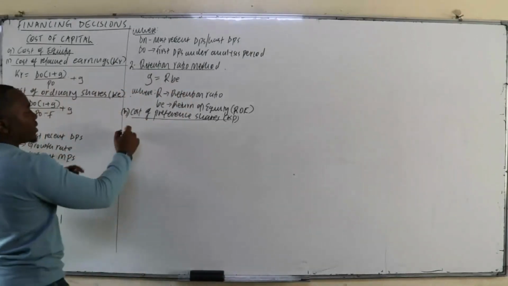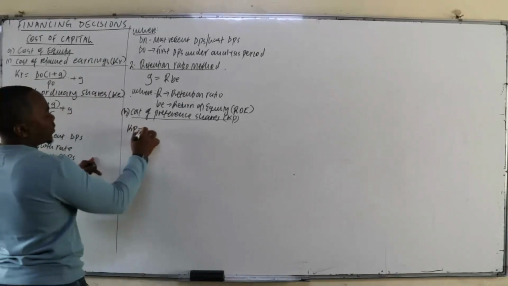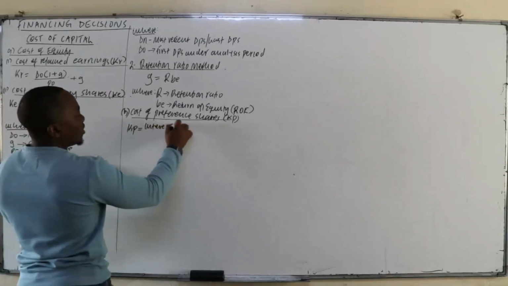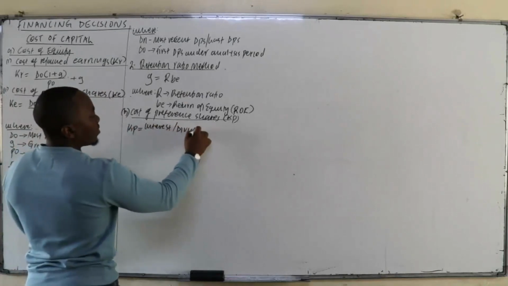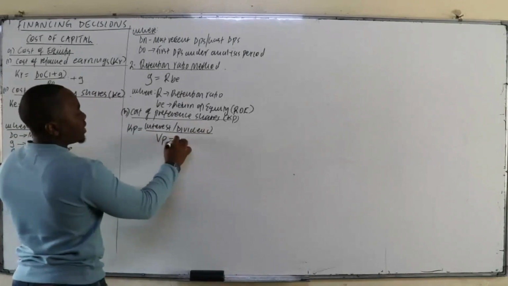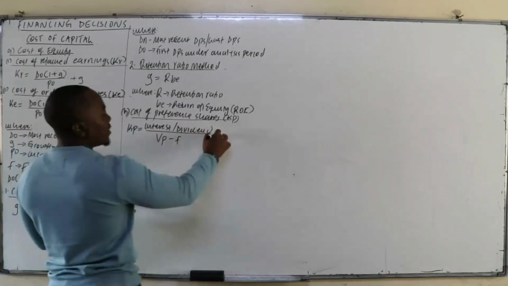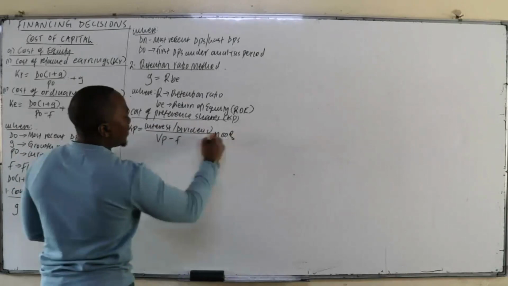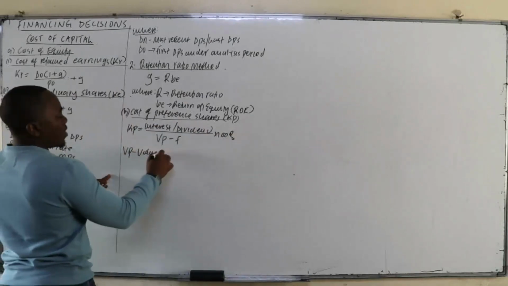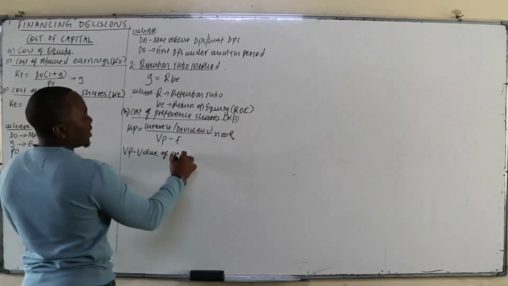How do we get the cost of preference share? You take the interest or dividends, then divide it by the value of the preference share minus flotation cost, in case there is any flotation cost, and multiply by 100%, where VP is the value of the preference share.